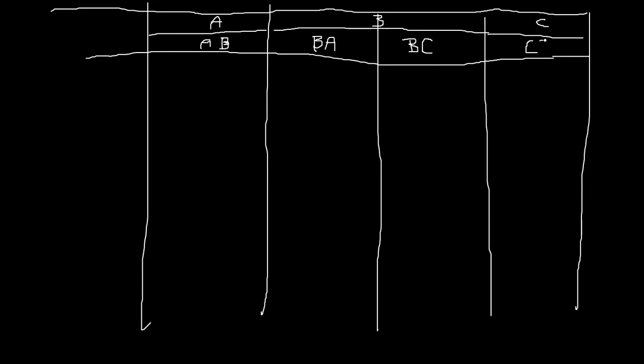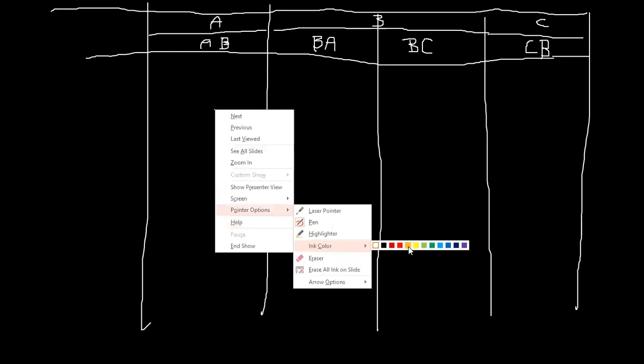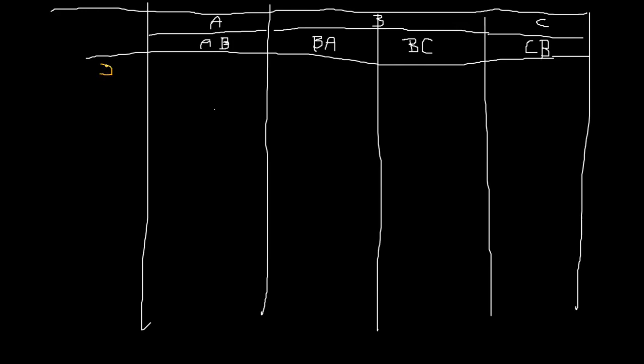At C you have CB, right? So basically your distribution factors are: A is fixed, 0; B, BA was 1/3, so that's going to be 0.33. This is 2/3, so that's 0.67.